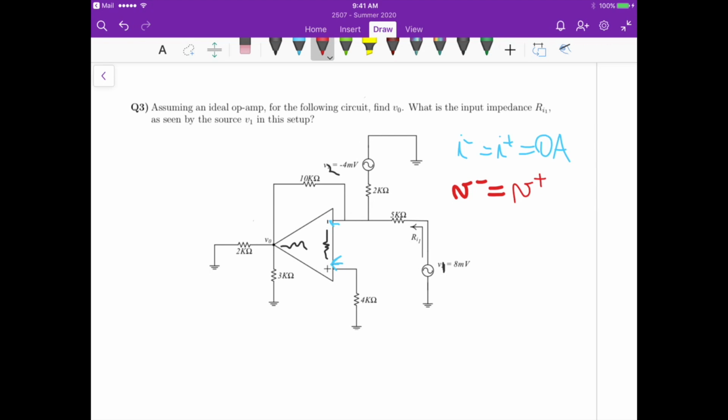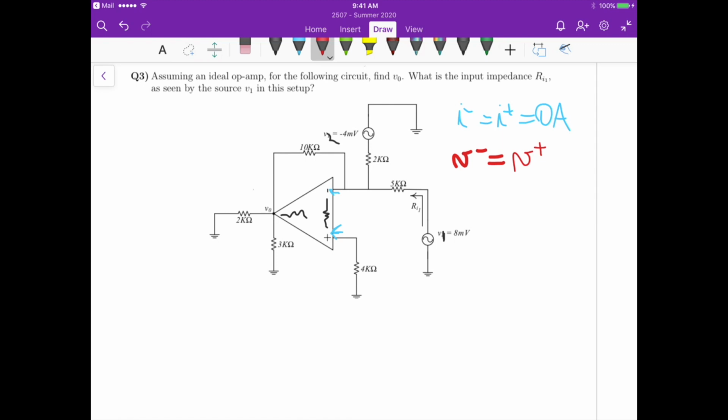The voltage at V plus is 0 volts, because it's grounded, so there is no current and no voltage drop across this 4k ohm. We have 0 volts at the non-inverting input, which implies we also have 0 volts at the inverting input.